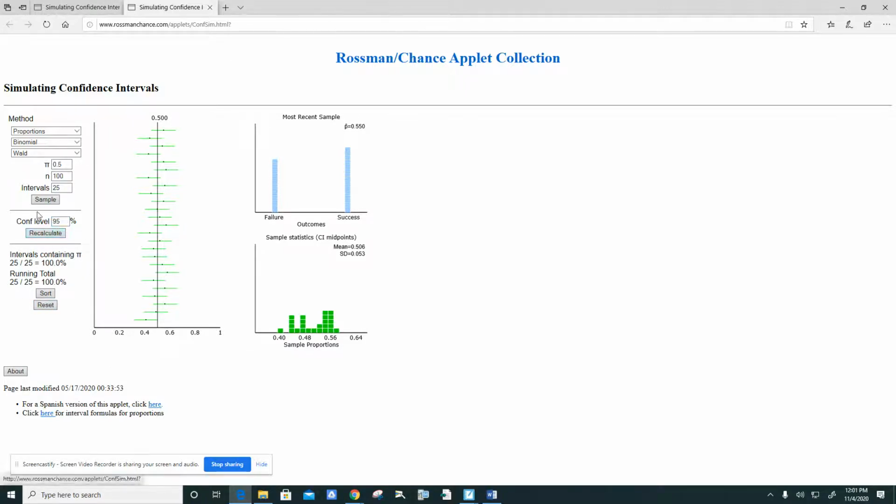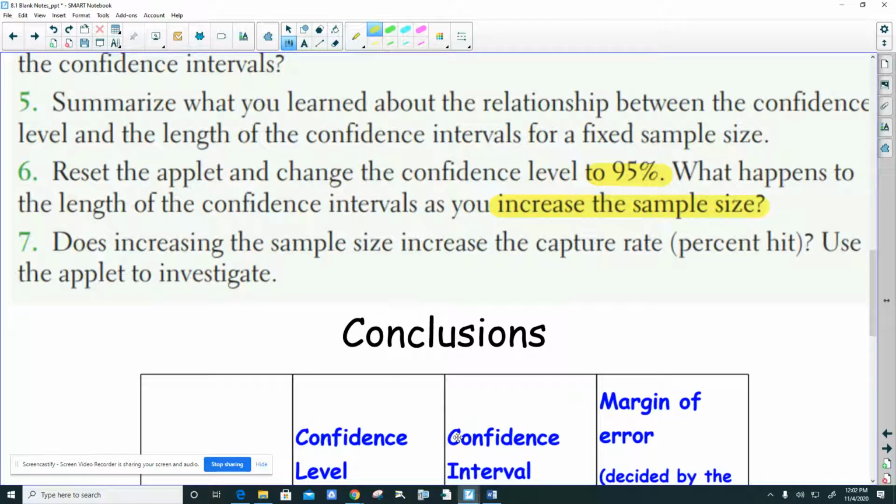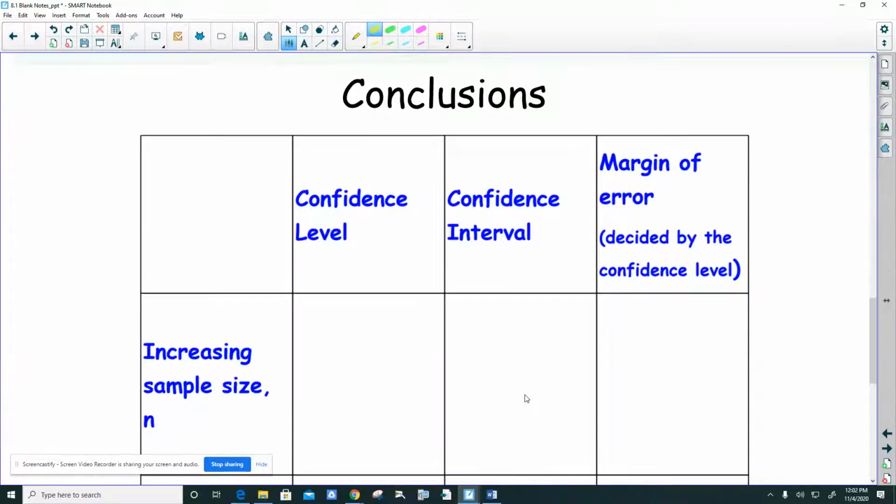I'm still capturing at least 95% or greater. Let me try some more here. Okay, there's some that are missing. I'm building my way back up to getting close to 95%. So it definitely feels like as I increase my sample size, the interval itself is tending to shrink. Okay, so let's see if we can fill in some of these conclusions here in this chart.